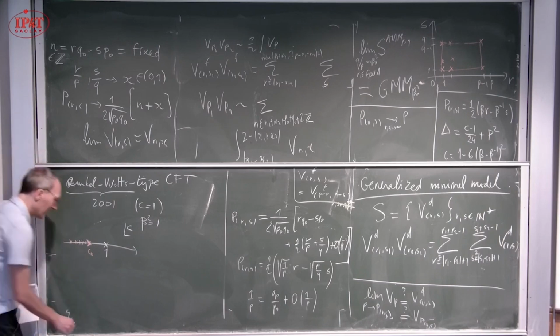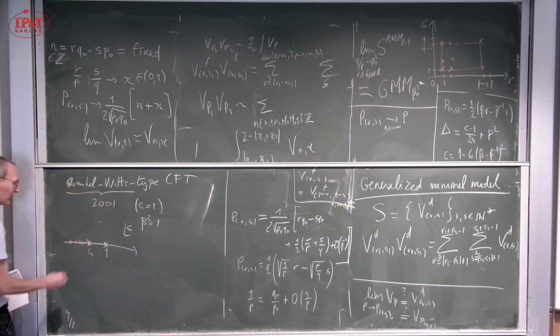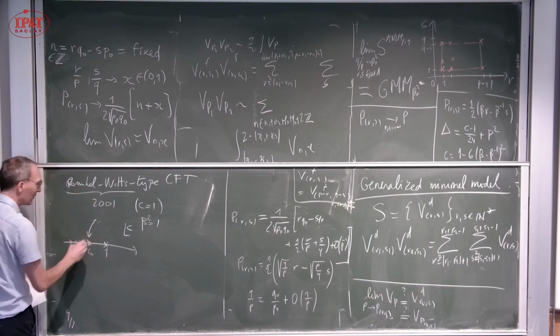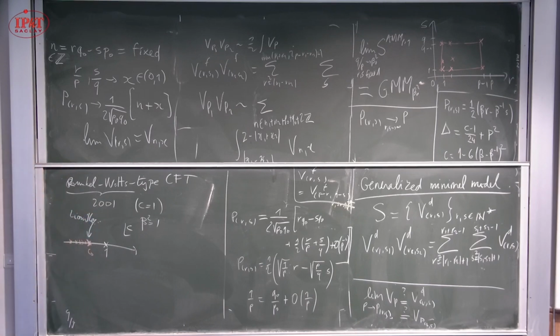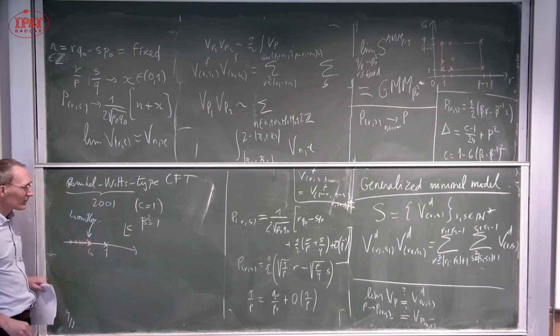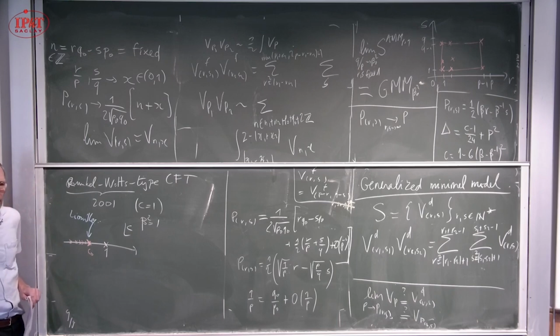Now, there is another way to get it, which would be from Liouville theory at complex central charge. And again, you have to fine-tune the limit a bit to get there, but it can be done. But only rationals, less than 1, yes.